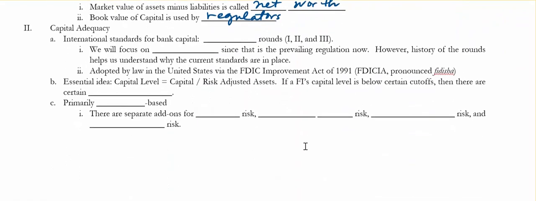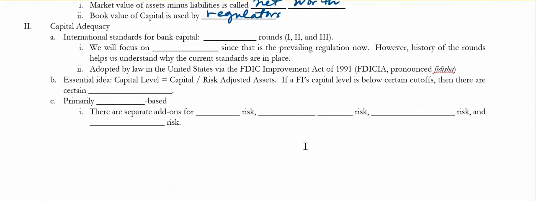Now, one name you need to be familiar with as we talk about capital adequacy is Basel. So the Basel rounds of the Bank for International Settlements are agreements among countries of what are adequate capital levels for the member countries' banks.